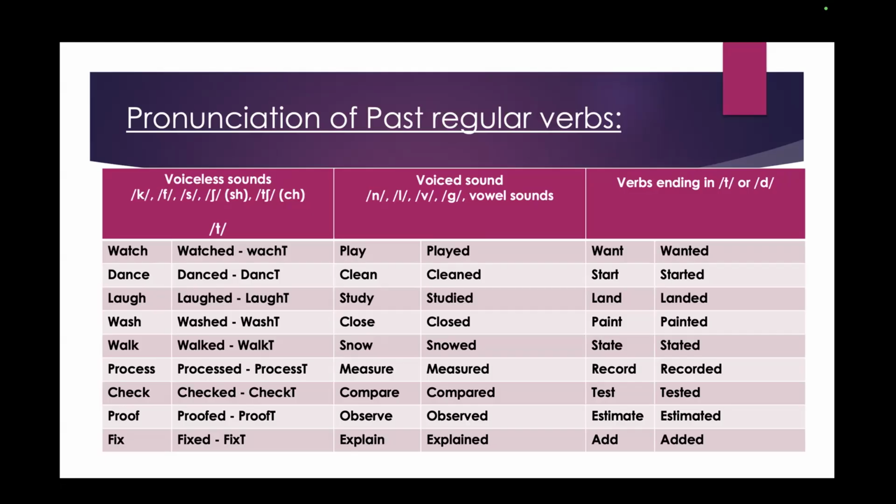So here we have some examples that are pronounced and end with a D sound, not with a T, but with a D. So for example, play in the past sounds as played, cleaned, studied, closed, snowed, measured, compared, observed, and explained.